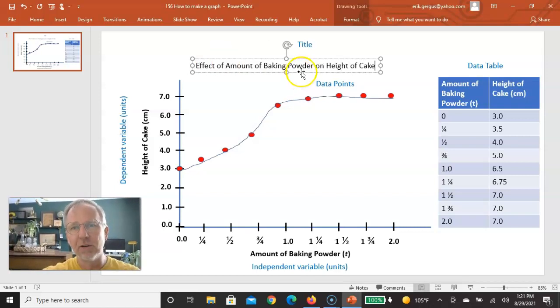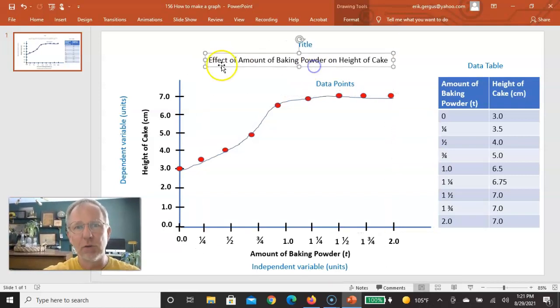So there you go, there's a title that describes what this graph is showing. The effect of the amount of baking powder on the height of a cake.